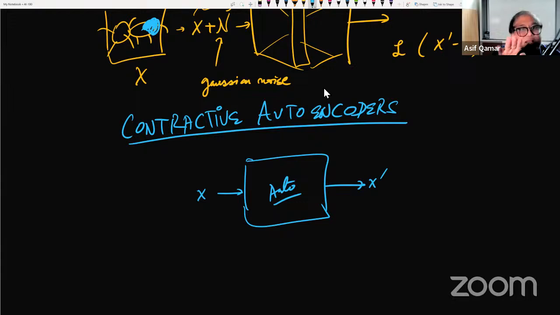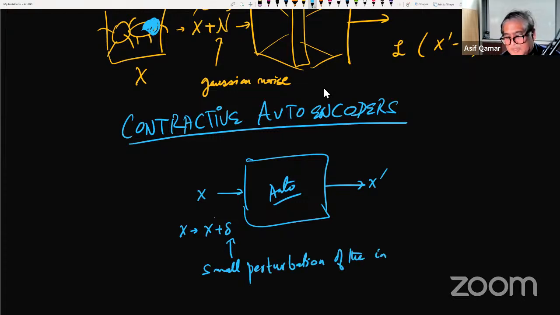If I just slightly change the input, for example shift it a little bit, slightly elongate it, slightly darken it, small perturbations, so if X goes to X plus delta, a small perturbation, I still want to see the same output, but not only that.